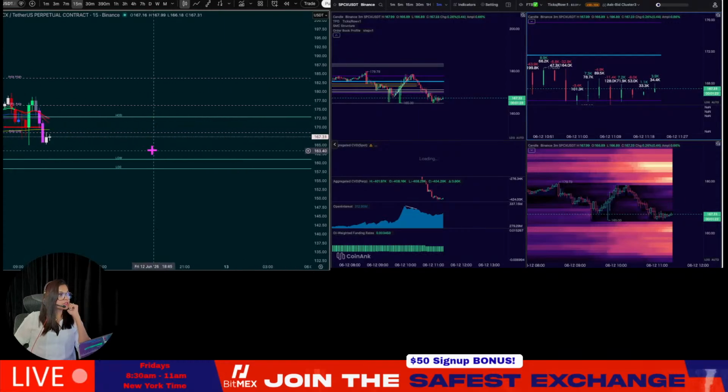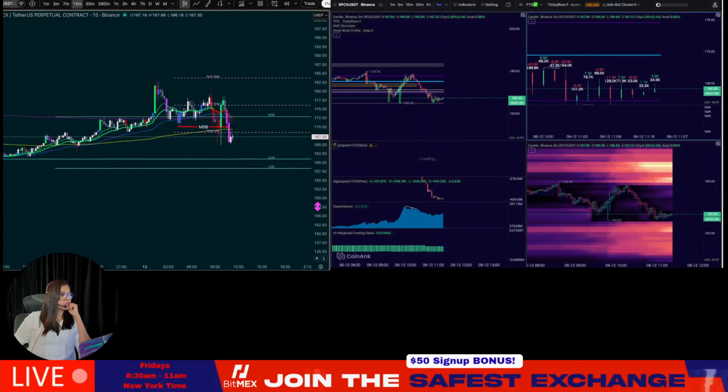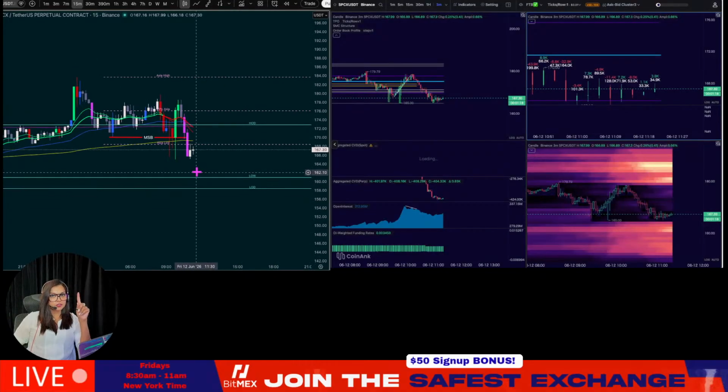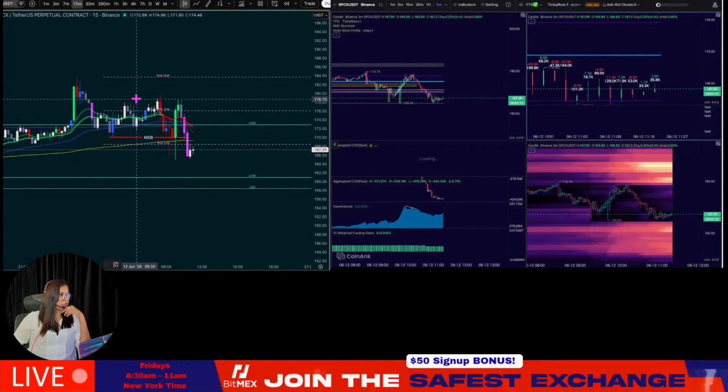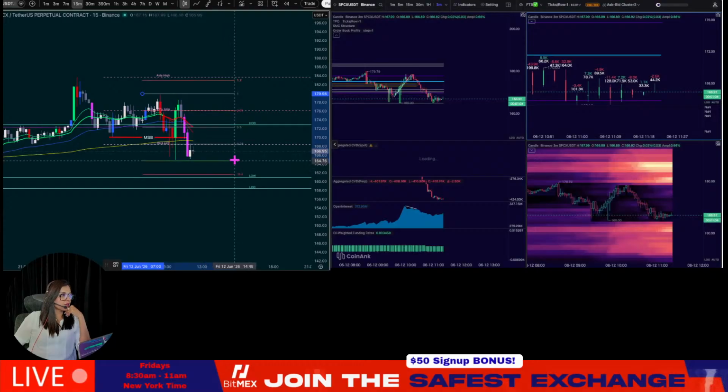One of the ways we can see if price is going to continue further, which I wanted to show you guys before, is to simply take our fib tool and draw the fib extension, from high to low in a downtrend, low to high in an uptrend.